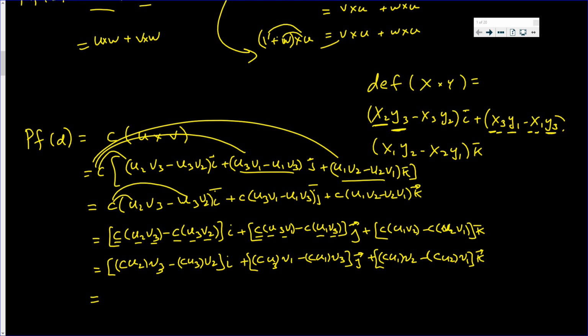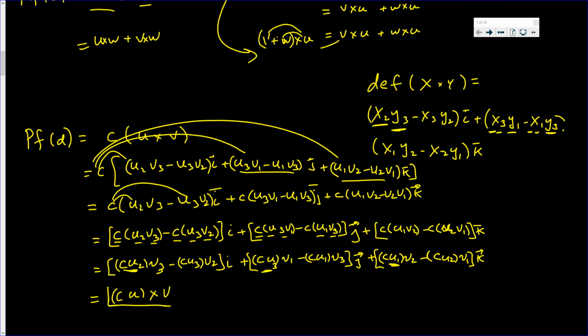But now if we think of those three components as one vector, this is just CU cross V.